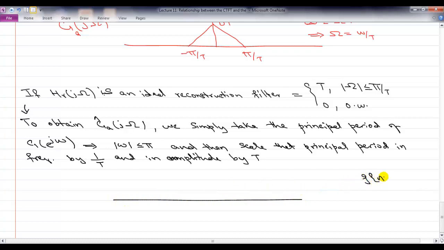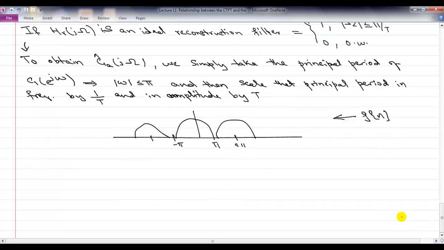Okay, so if I gave you, let's say, G[n] which had a Fourier transform like this, from minus π to π, and of course it is going to repeat itself at 2π, minus 2π. And if I say that the reconstruction filter is ideal, you are doing sinc interpolation, then you don't have to do all the steps. All you have to do is focus on the principal period.